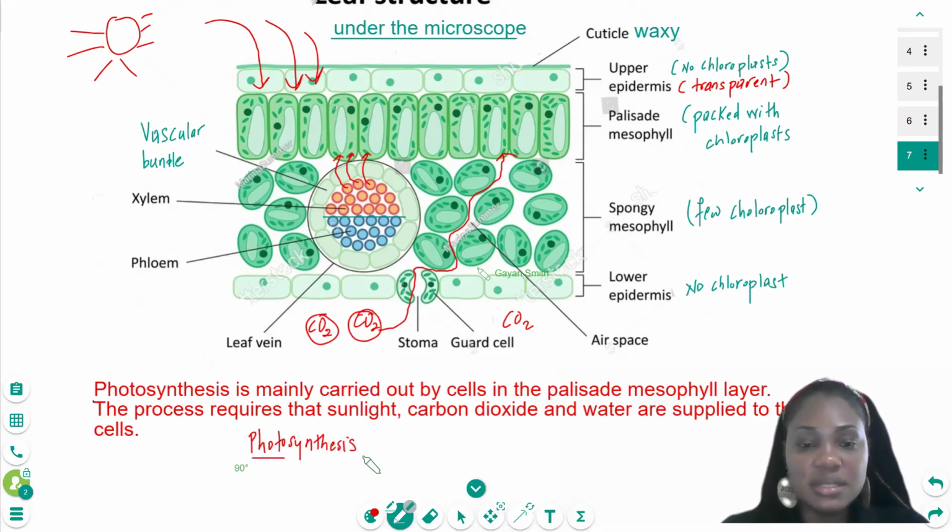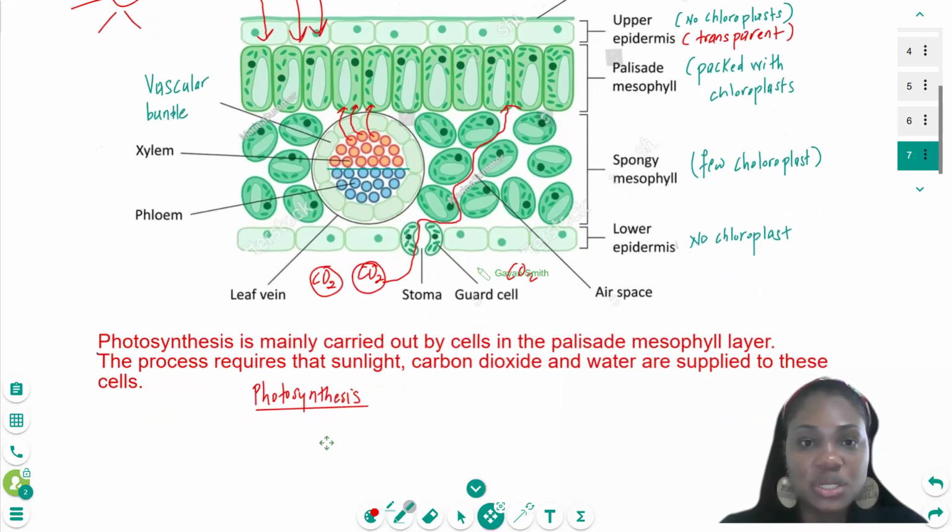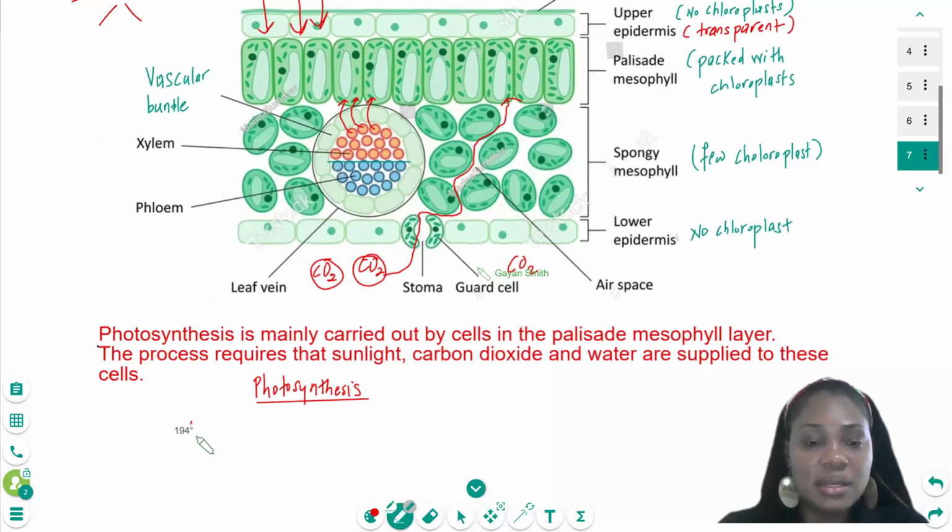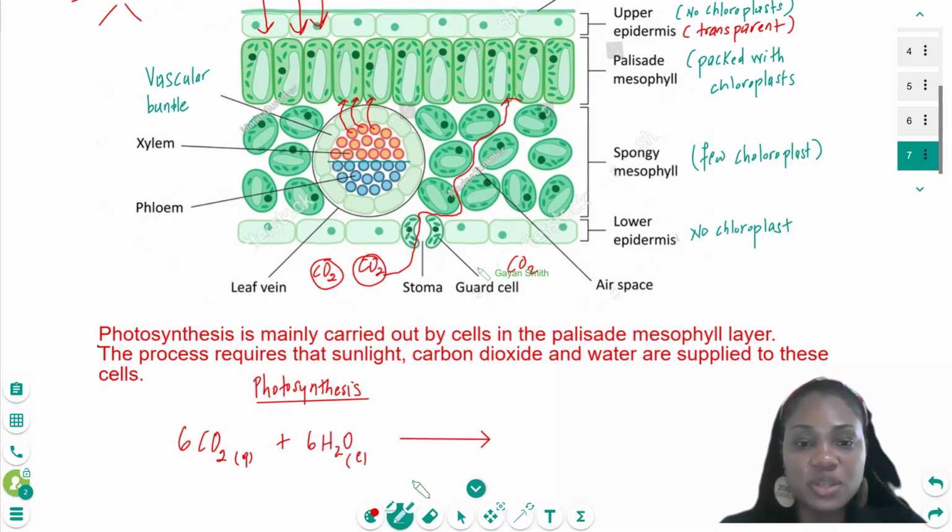So photosynthesis is the process by which plants combine carbon dioxide molecules with 6 water molecules in the presence of sunlight and chlorophyll, and they use that to make glucose.